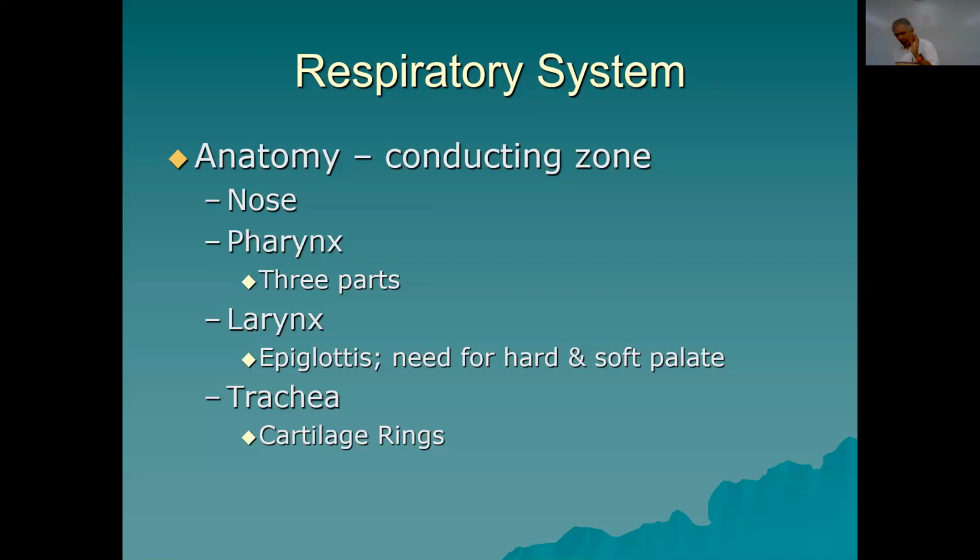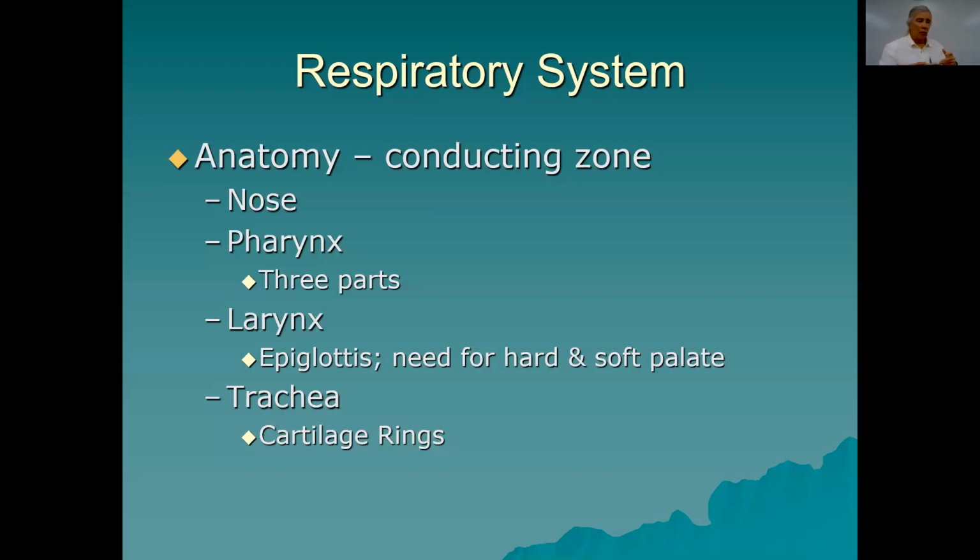Now, what do you need this palate for? Why do we need a palate? Because cold-blooded organisms, like reptiles, like snakes, they don't have a palate. Their nasal passages directly lead into their mouth.